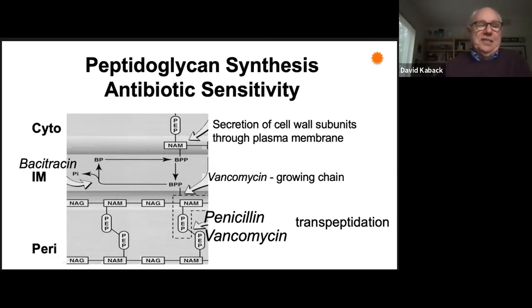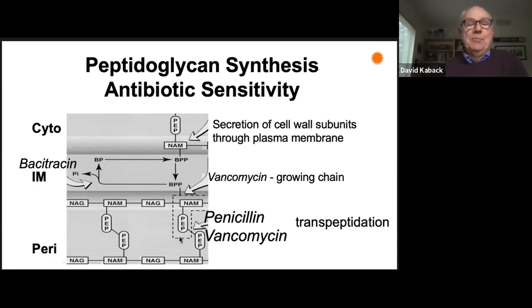So the last thing I spoke about was that the cell wall structure very much affects antibiotic sensitivity, because penicillin, for example, is involved in inhibiting the transpeptidation reaction. So a cell growing in the presence of penicillin cannot do this cross-linking.